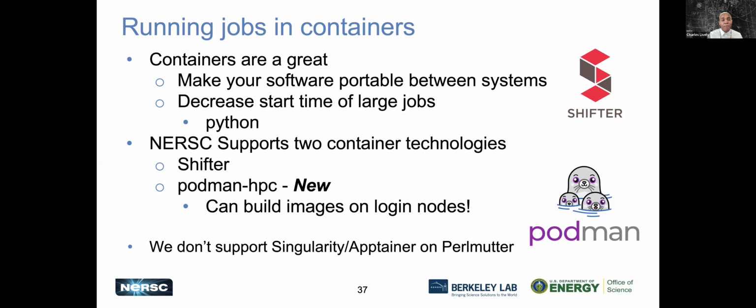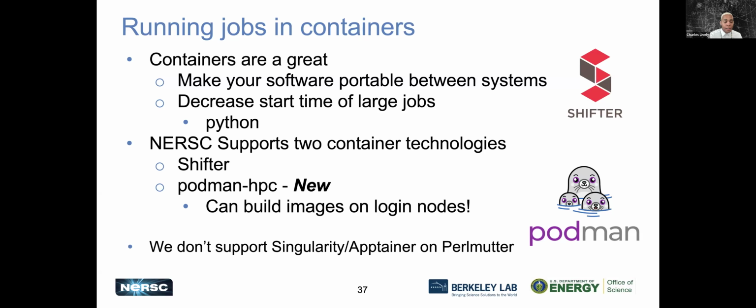It helps to make your software portable between various systems for reuse. You can make use of different types of containers like Shifter and Podman here at NERSC as well. You can build images on the login node. Currently, we don't support Singularity and Apptainer on Perlmutter.